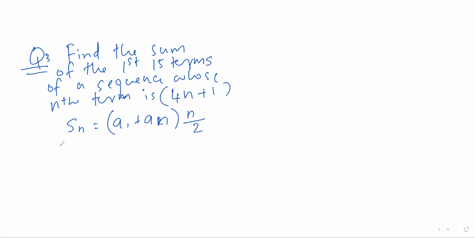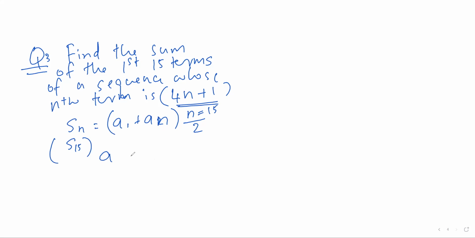We are supposed to find the sum of the first 15, S15. This means that you can take each value for each n. Here n is 15 because you're looking at 15 terms.